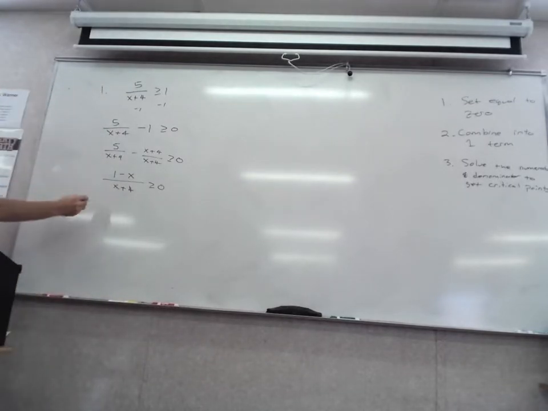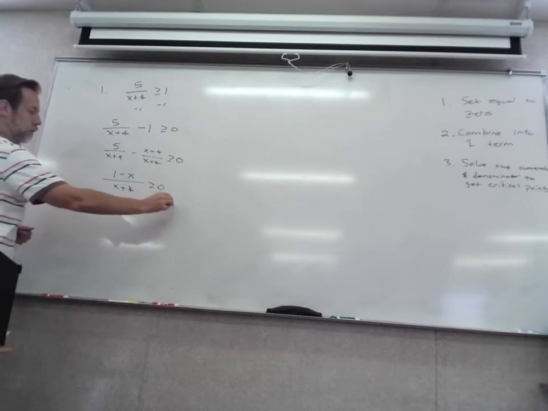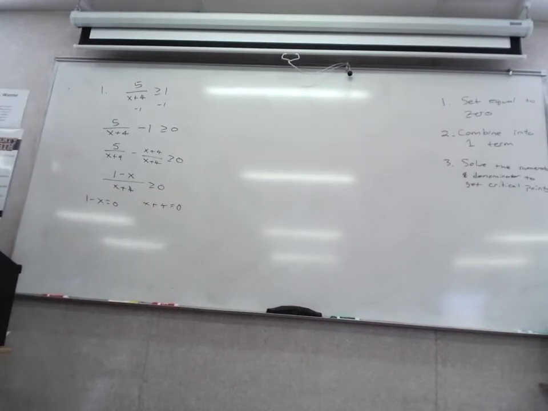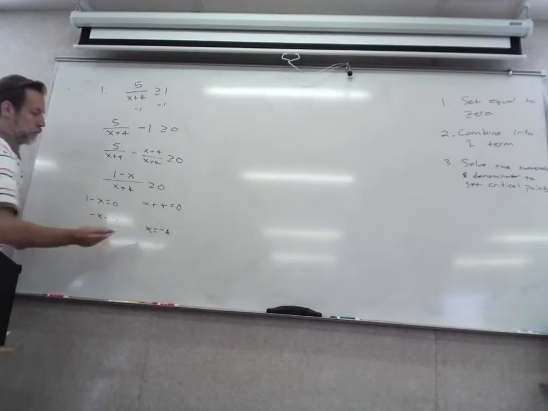So what that'll look like is I'll take 1 minus x and set it equal to 0, and then also x plus 4, and I'll set that equal to 0. So the first one, I just subtract 1 and then divide by negative 1. So I get x equals 1. Over here, I get x equals negative 4.